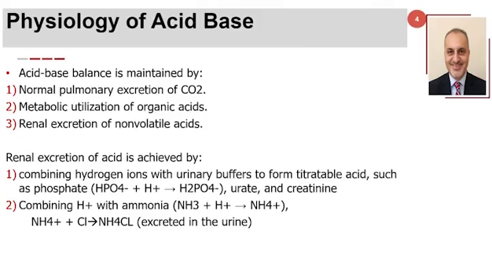If you have an excess amount of acid, the lungs will hyperventilate and excrete that extra amount of acid. Also, as we said, the body metabolizes organic acids into something useful. Third, the kidneys, if working normally, help in the excretion of non-volatile acid. How do the kidneys excrete the extra acid? Two processes. Hydrogen ion in the urine binds to certain buffers, which convert it to titratable acid. The most common titratable acid is phosphate, which gives phosphoric acid, and later on we get rid of it.